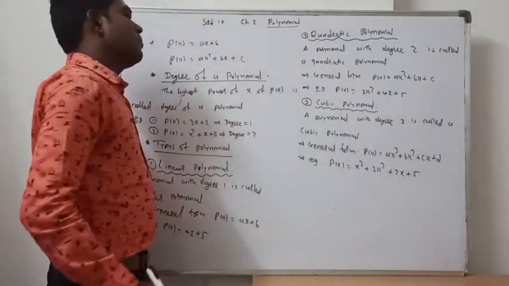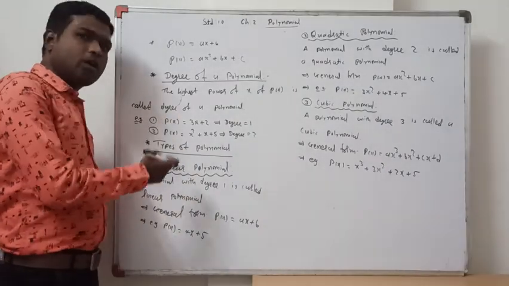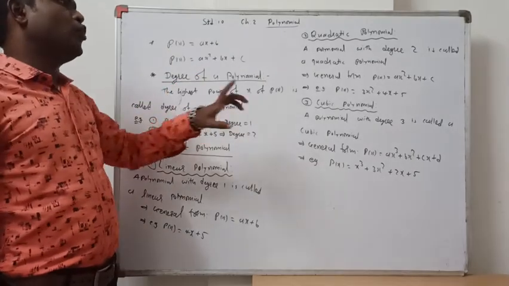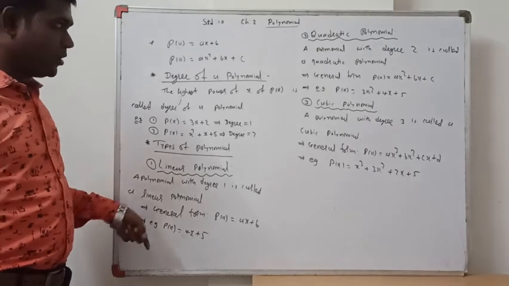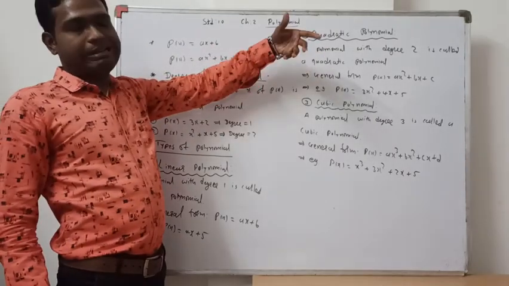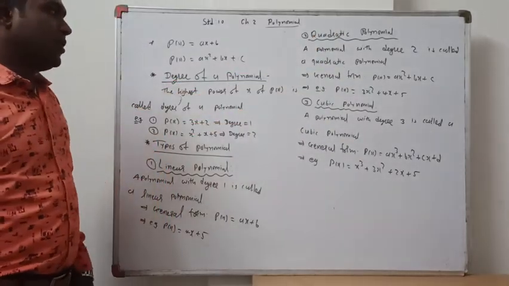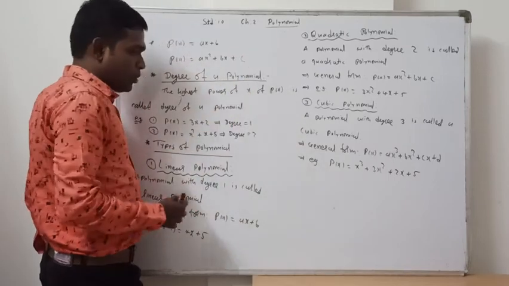So this is one example of a cubic polynomial. So these are the three types of polynomial: linear, quadratic and cubic. We have to simply remember, linear means degree 1, quadratic means degree 2, and cubic means degree 3.